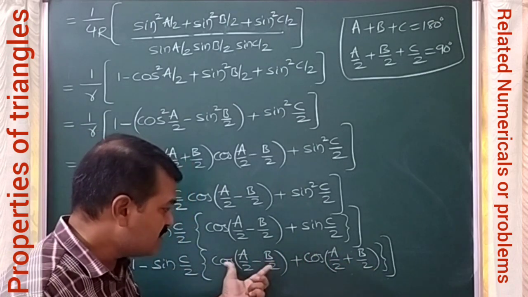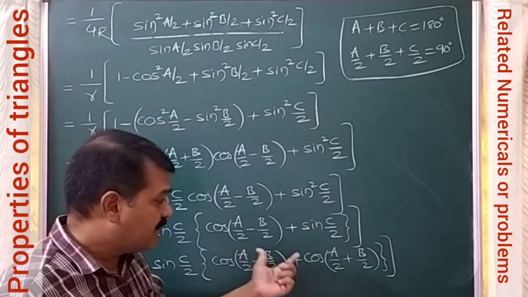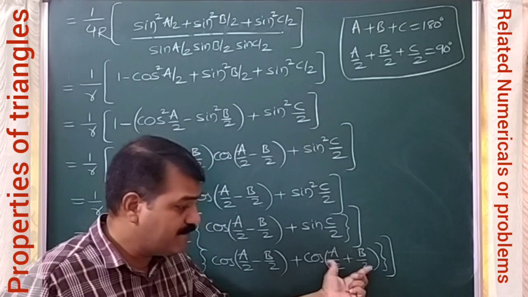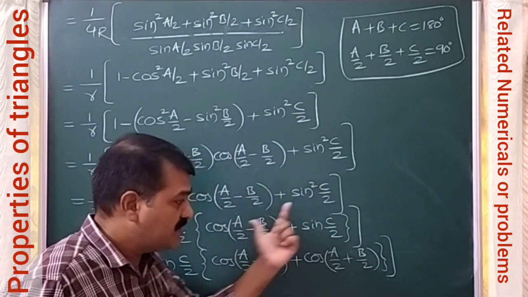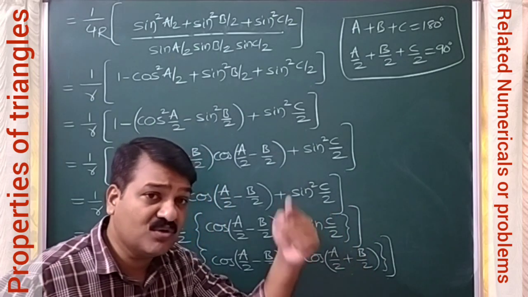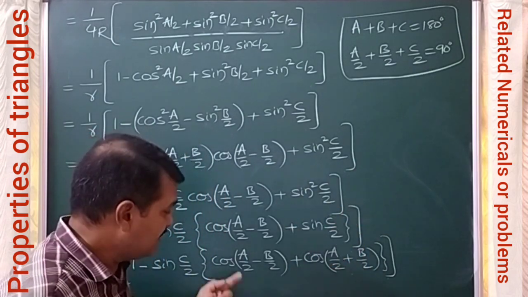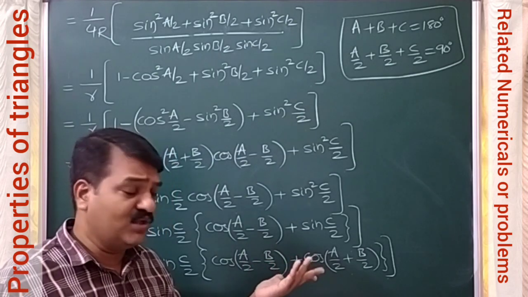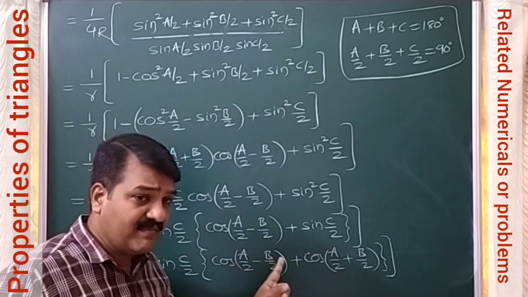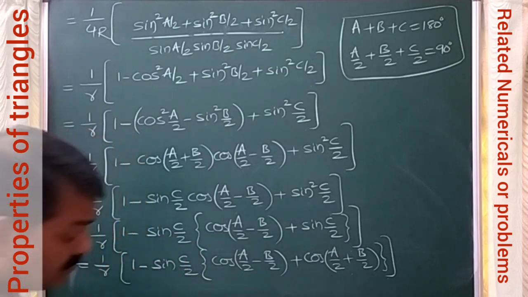If we have cos(A minus B) plus cos(A plus B), that is 2 cos A cos B. Instead of A, B we have A/2, B/2. Same formula we will use, but instead of A, B we will use A/2, B/2.